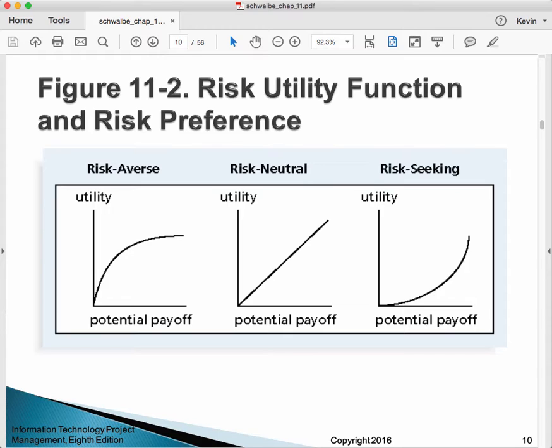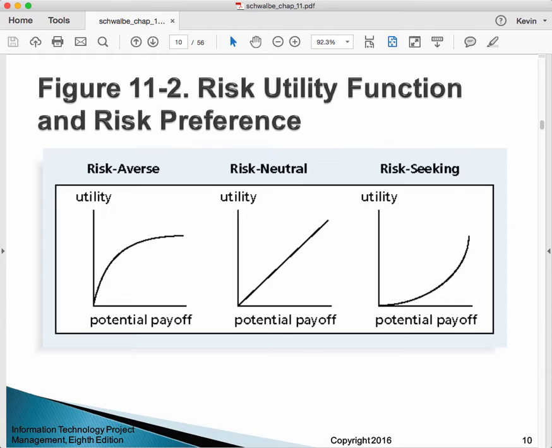Okay, so somebody who is risk averse, as we start to risk more, the potential payoff gets higher. They get less and less interested because typically the upside and the downside have some kind of relationship to each other. So the variability is getting greater on both the negative and the positive side.